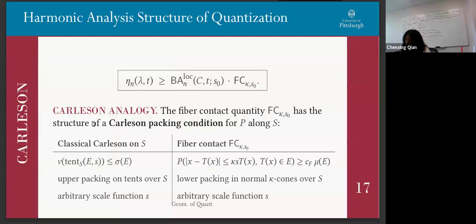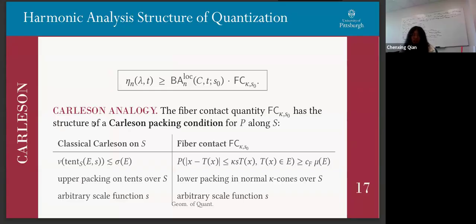I think I need to move on to the last page. It's a natural analog of the Cartesian packing condition in harmonic analysis. Recall that the usual Cartesian condition is that the volume measure of a tube over a sphere is bounded above by the surface measure on a set.